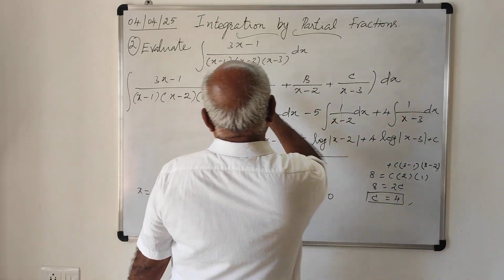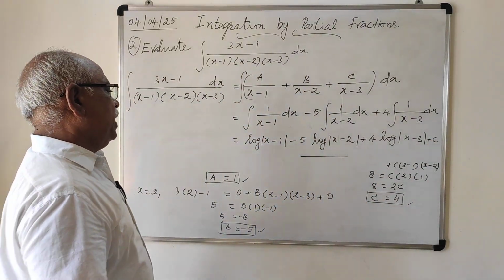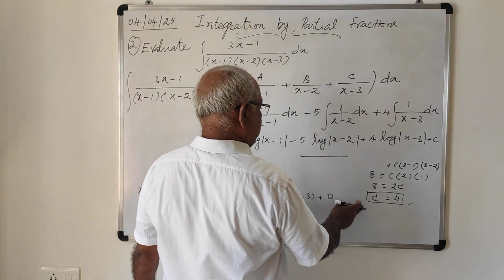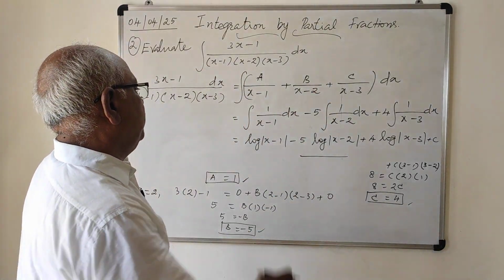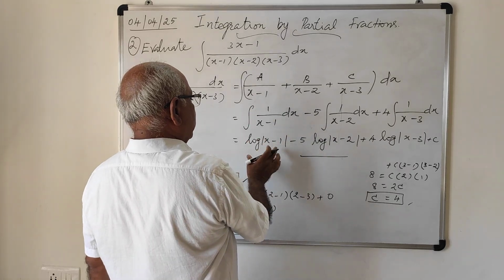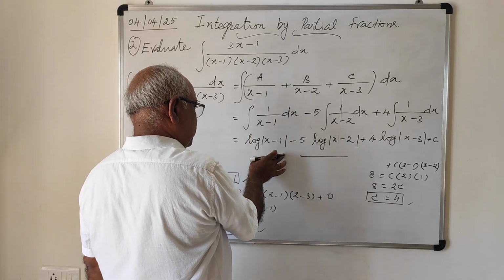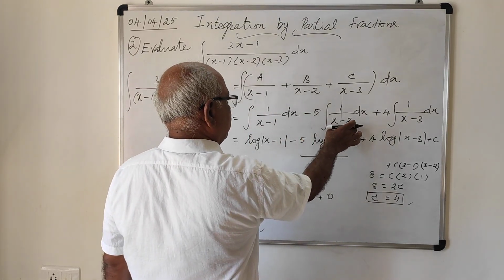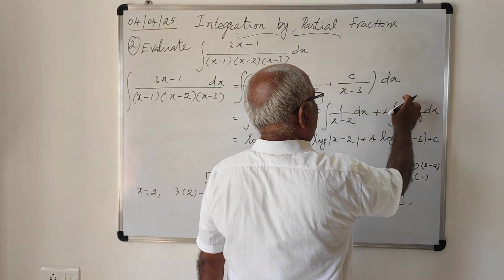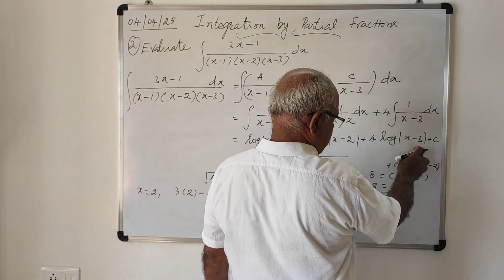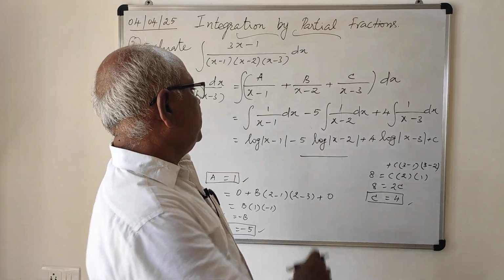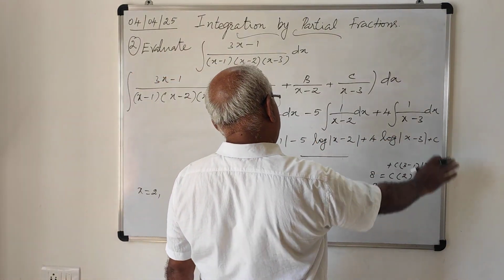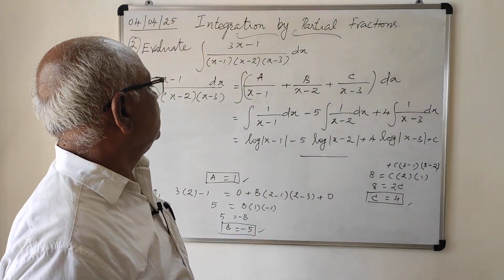So after finding the values of a, b and c, we split into partial fractions and we can easily integrate term by term. For all this integral, you can have only one integrating constant. Therefore, the problem is over.